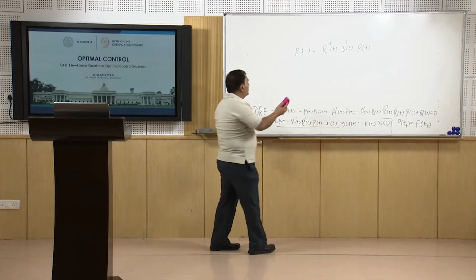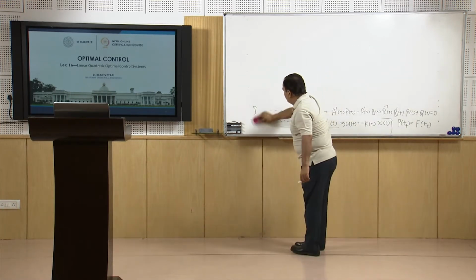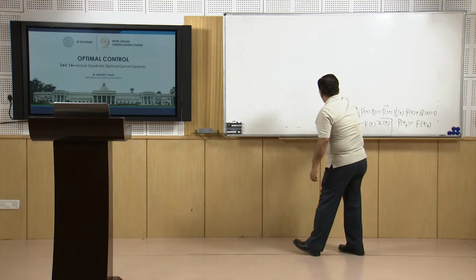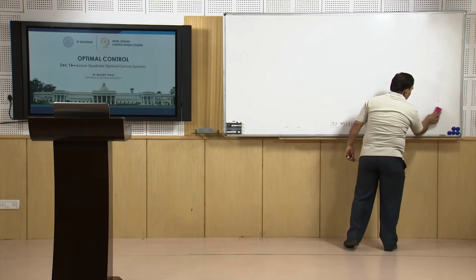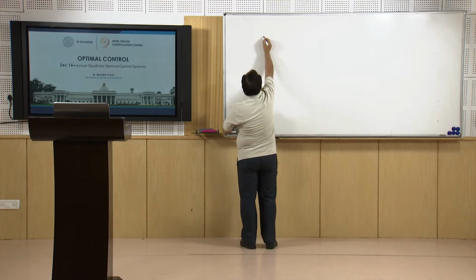So, we will see in an example how we can determine the optimal control law for a linear system. So, we take an example.